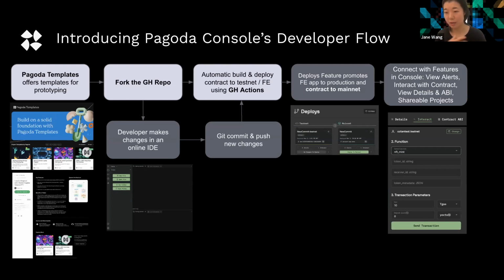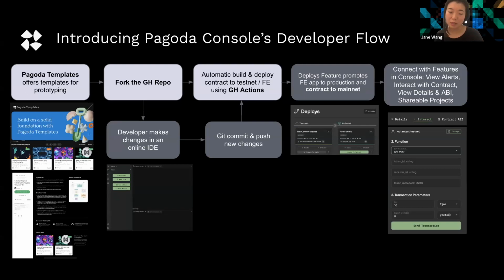This is a deploy pipeline that you can reuse as you make changes to your smart contract. Finally, when we have deployed your contract, you can observe it using many of the existing features in console, including viewing the contract ABI, interacting with the contract using the ABI form, viewing the contract's alerts, and even making it into a shareable project.